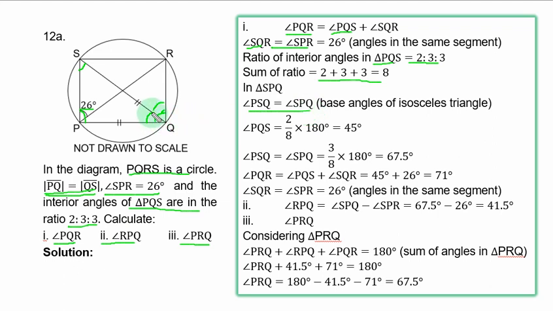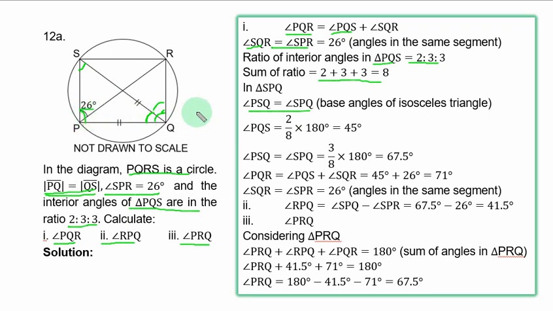Now let's start from angle PQS. Since these two angles are equal, they have the ratio of 3:3, so the remaining angle PQS has ratio 2.